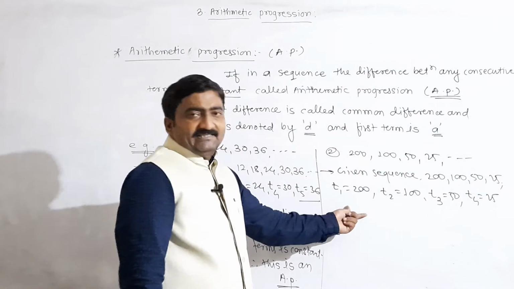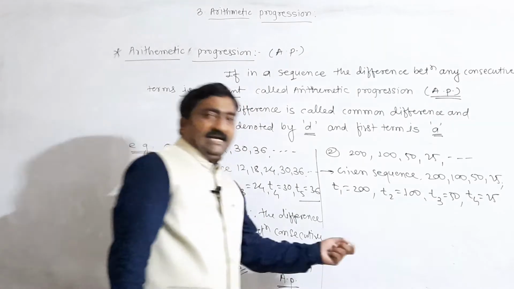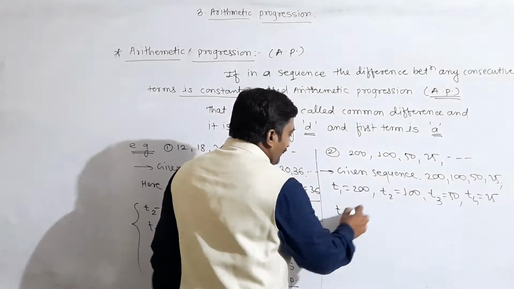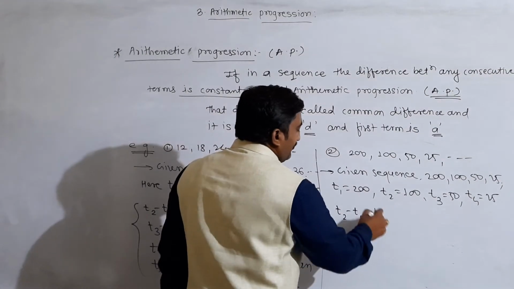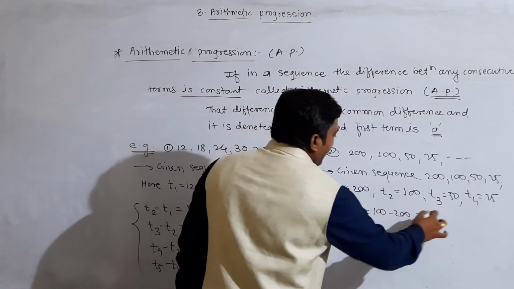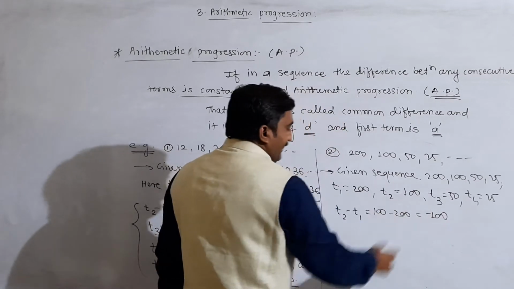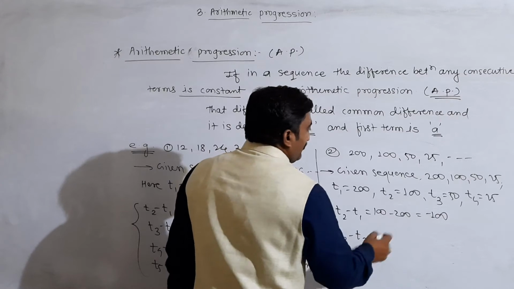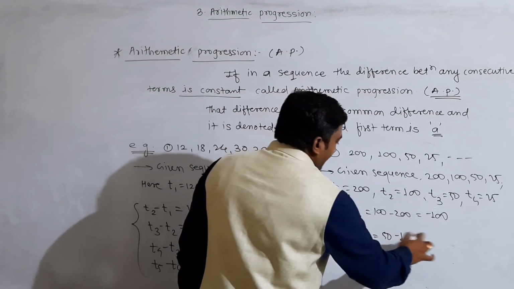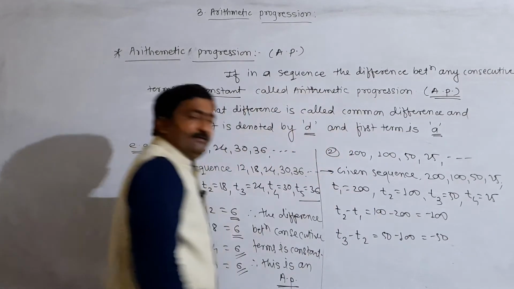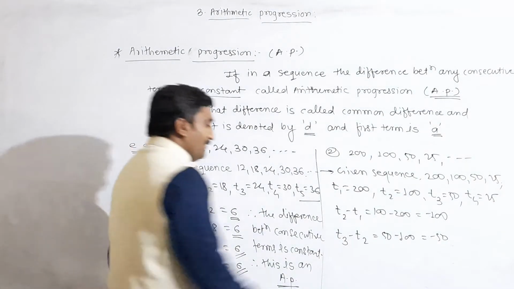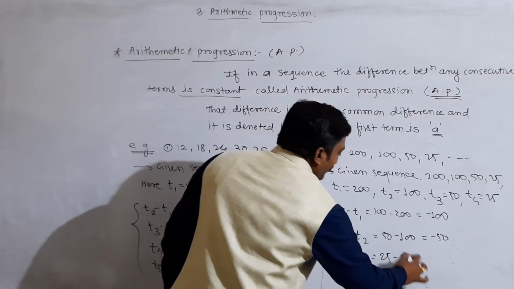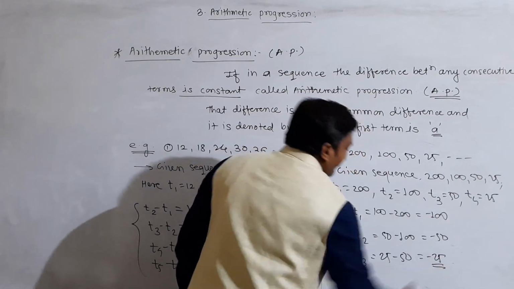This is a sequence, but we have to decide whether it is an AP or not. So T2 minus T1, 100 minus 200, is minus 100. T3 minus T2, 50 minus 100, is minus 50. And then T4 minus T3, 25 minus 50, is minus 25.